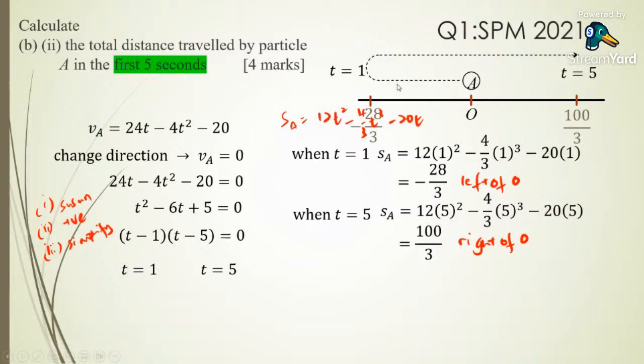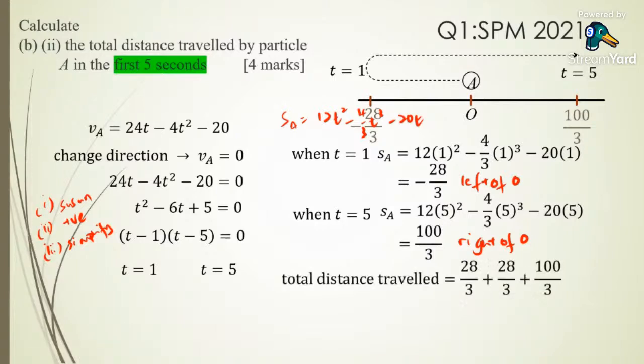Lepas tu dia change direction kat dua ni. Maknanya sampai dekat t equals to 1 tu, dia pun reverse direction. Kalau dari ke kiri, dia pergi ke kanan. This is how the particle moves. Sampailah ke sini. So kita dapat t1, t5. Itu sebabnya kita kena tahu how do we find the displacement.